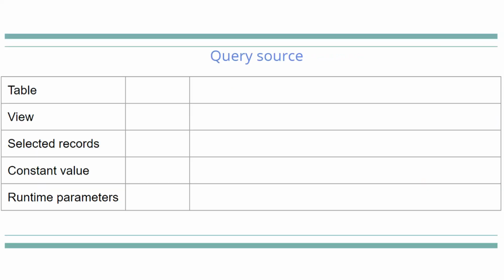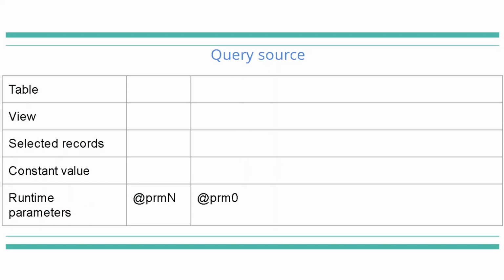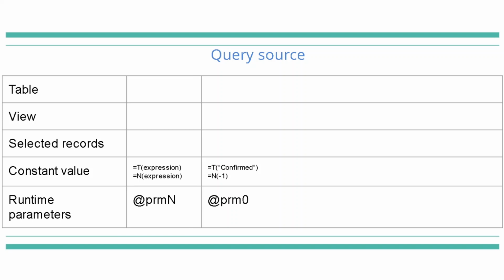These are the options for a definition within the query metadata row. The definition tells SpoG what is the source, and for tables or views, also what is the column from that source. A user parameter in the format of @PRM0, @PRM1, etc. A constant value in the format of equals t alphanumeric value or equals n numeric value.